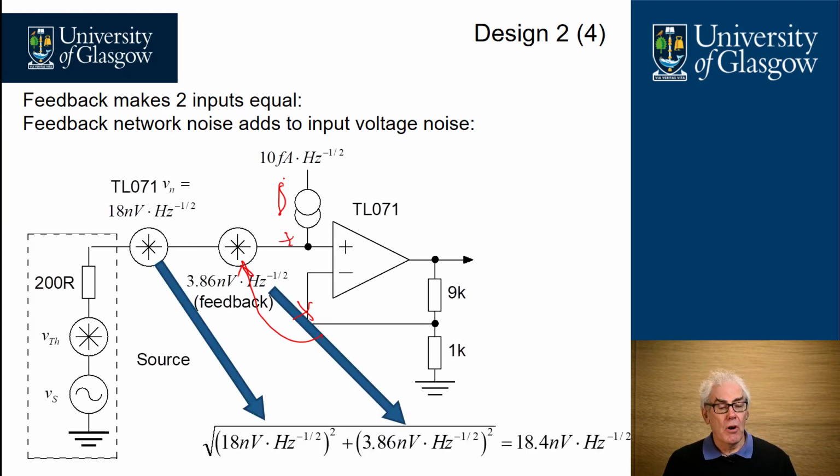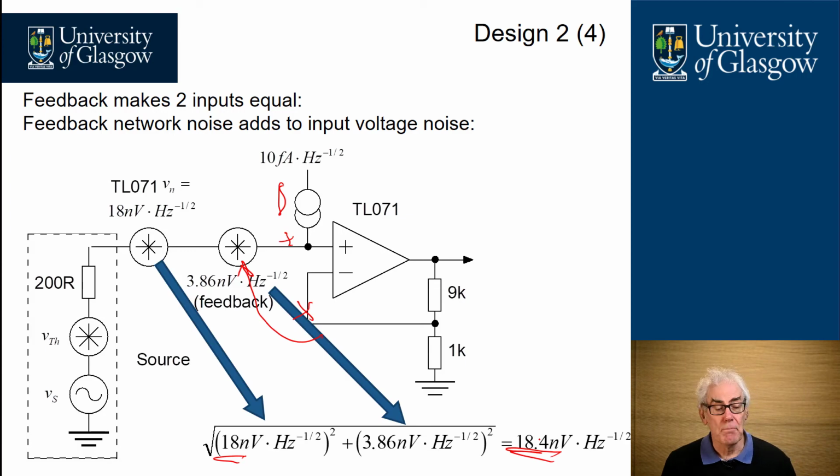Calculating out the effect of both of these noises, because they are uncorrelated, they are both random, we have to take the square of them. The square of the 18 nanovolts per root hertz from the amplifier and the 3.86 nanovolts per root hertz attributed to the noise appearing at the inverting input of the amplifier gives us a total of 18.4 nanovolts per root hertz.